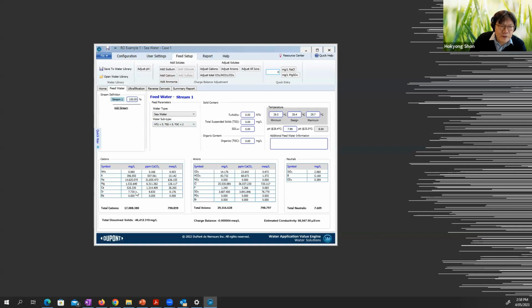And then this is the given typical seawater concentration. So you have almost 1729,000 milligram per liter, 7.6 milligram per liter. So TDS is around 46 milligram per 1,000 milligram per liter of your TDS concentration.